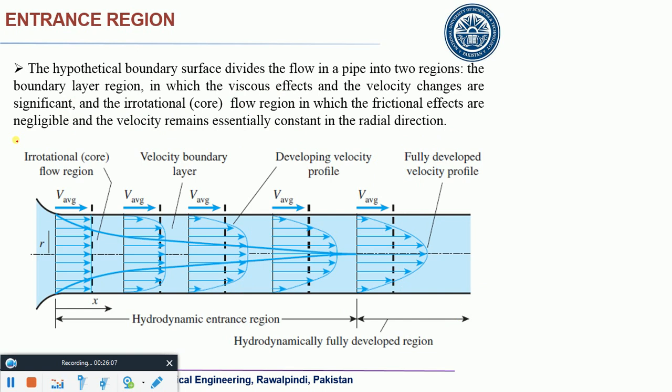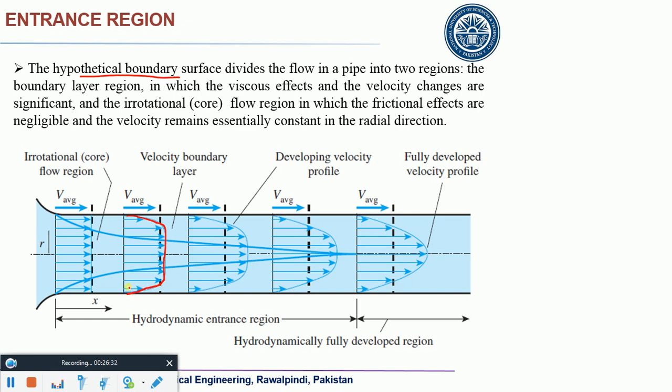So let me explain those hydrodynamic regions. You remember, although we have done that, just to remind you, this is a pipe, and as the fluid enters the pipe, this velocity profile changes.